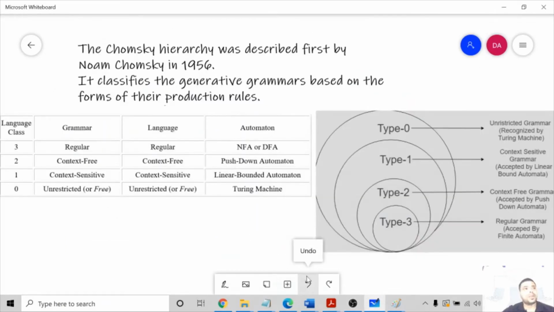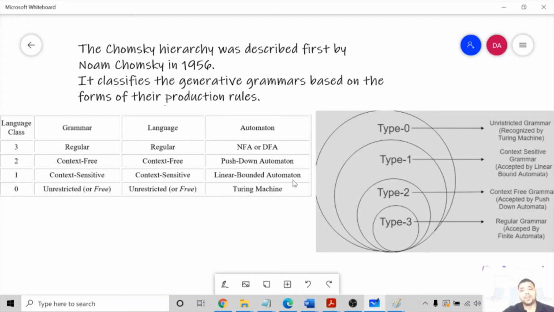Okay, now coming to this Chomsky hierarchy. The Chomsky hierarchy was described first by Noam Chomsky in 1956, and it classifies the grammar based on the form of their production rules, means on the basis of their productions.